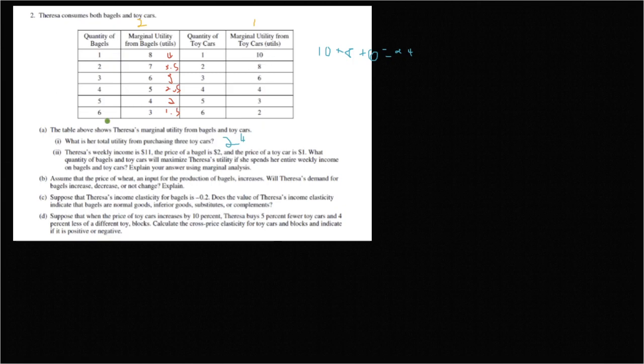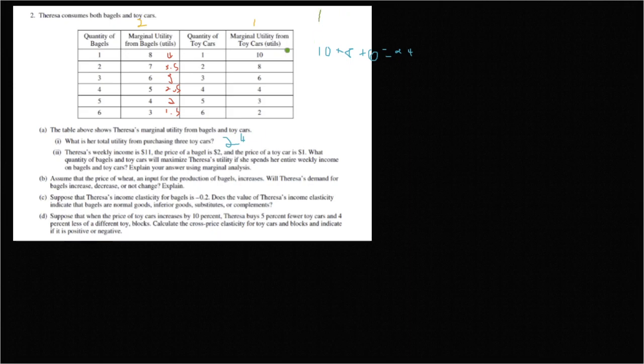So you have $11, and you're going to start buying the thing that gives you the most utility. So this is 10, the $10 toy car.